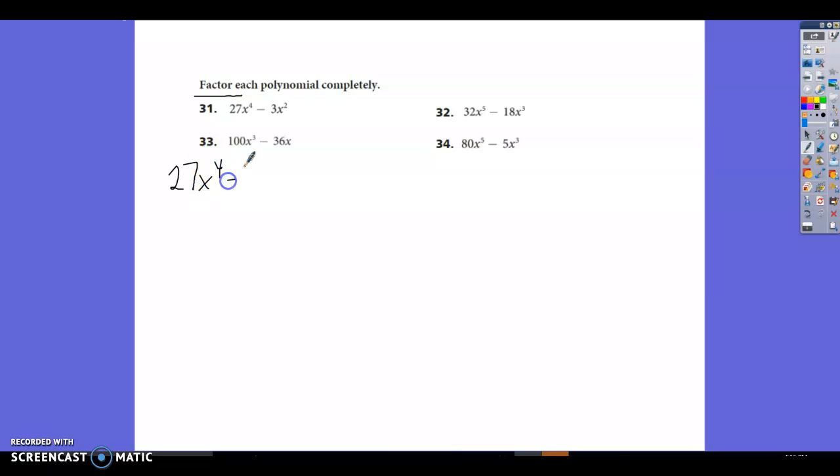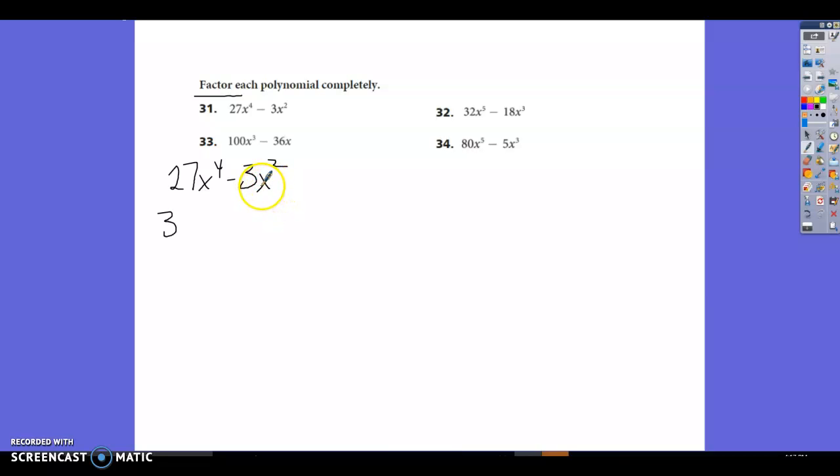27x to the 4th minus 3x squared. All right, when I see 27, I think of multiple of 3. So 27 is 3 times 9, and what we're going to do is just factor out that 3 as my greatest common factor, but also notice that I have x to the 4th, which is x times x times x times x.